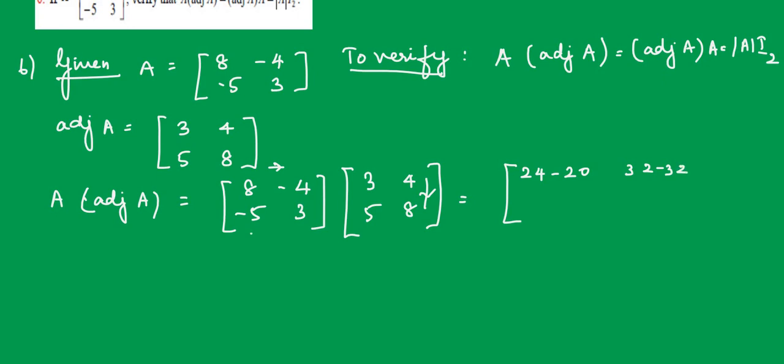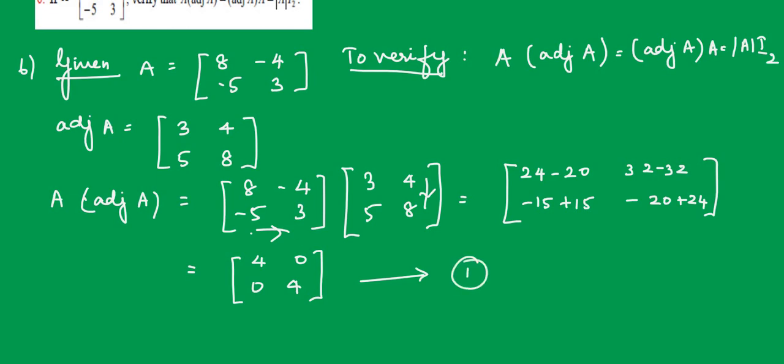Next minus 5 into 3, minus 15 plus 15. Next second row, second column elements: minus 20 plus 24. Now this is equal to [4, 0; 0, 4]. This is A into adjoint of A, equation number 1.